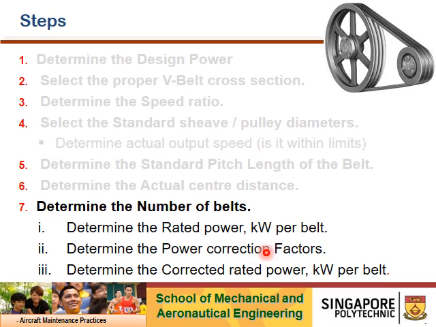There are two correction factors to determine: the arc of contact and the belt length correction factors. After you determine these two correction factors, you are able to determine the corrected rated power per belt. Then from there, you will use this data to obtain the number of belts needed. The subsequent two videos will guide you on how to achieve this.